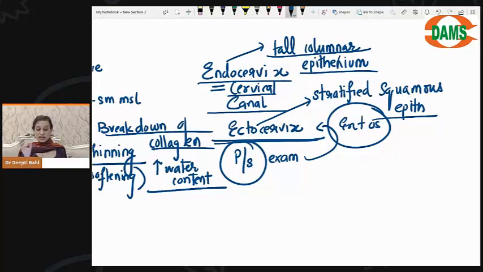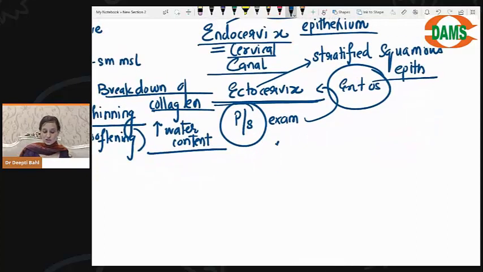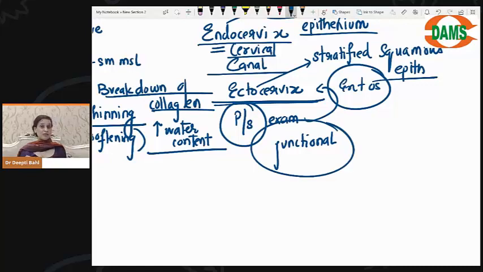Now, this means the epithelium of the cervix is going to change from columnar to squamous, and there is going to be a junctional area where the two epithelia meet.